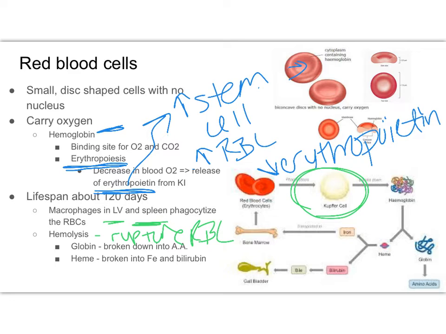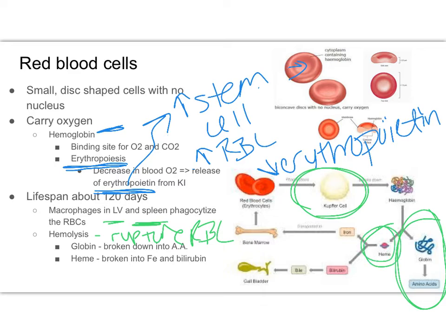And what will happen is the globin protein is broken down into amino acids. And we're going to recycle those amino acids. Your body will use those amino acids to build up other proteins. And then that will also release the heme portion or the iron portion of it.